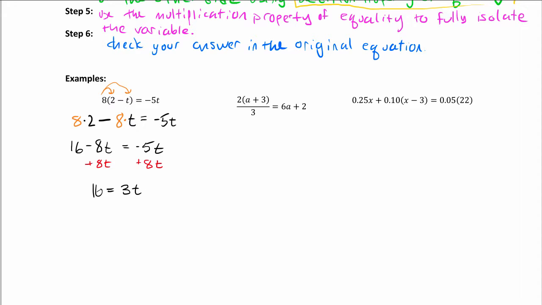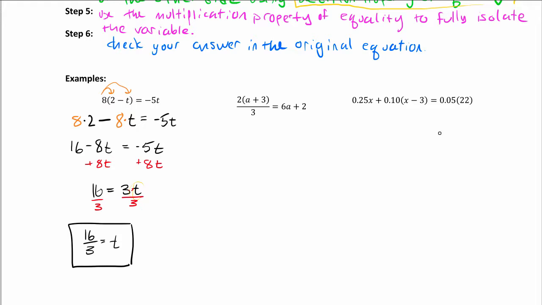And now I'm always trying to get my variable isolated. So this is what I'm after. I'm after this t. That t is connected to the 3 by multiplication. So I can get that 3 out of there by dividing by 3. Dividing by 3. And I end up then with 16 thirds equals t. And that's a fraction, but that's okay. So I have 16 thirds equals t.